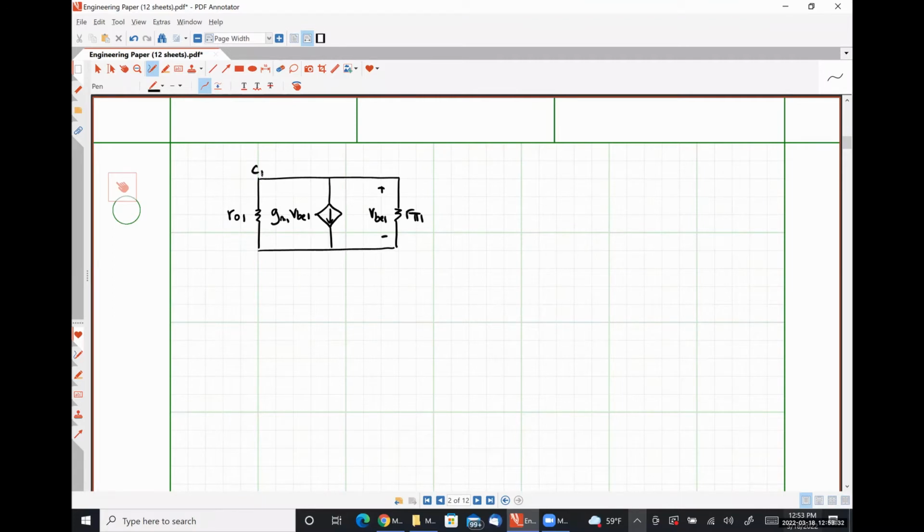So this is the collector terminal of transistor Q1. Over here is the base terminal of transistor Q1. And then down here is my ground, so this is my emitter. Over here on the right-hand side, I'm going to draw what's going on with transistor Q2.